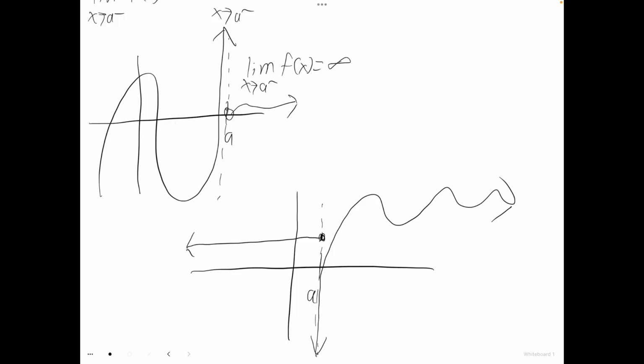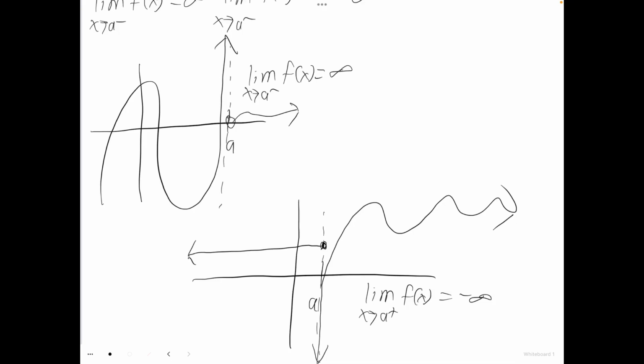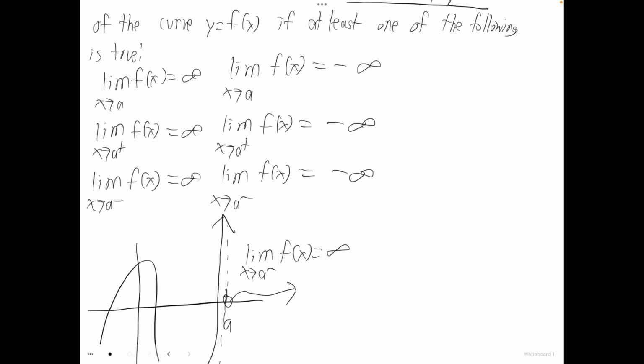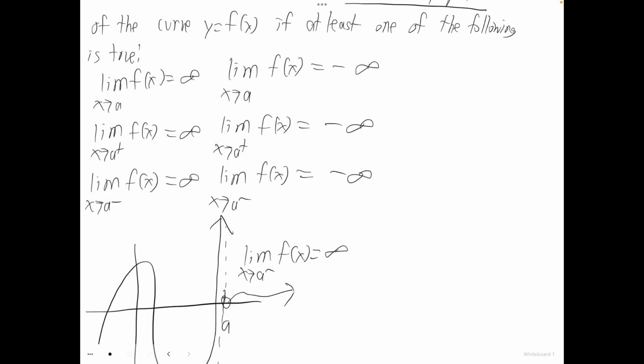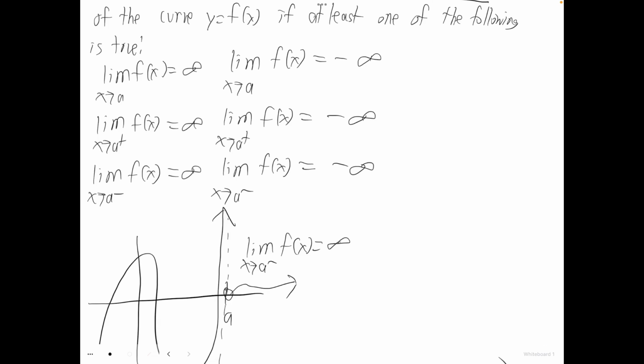Still, in this case, the limit as x approaches a from the right would be negative infinity. So this is the idea of a vertical asymptote: as long as one of the one-sided limits goes towards positive or negative infinity, meaning that it's growing without bound in the positive or negative direction, then we have a vertical asymptote.